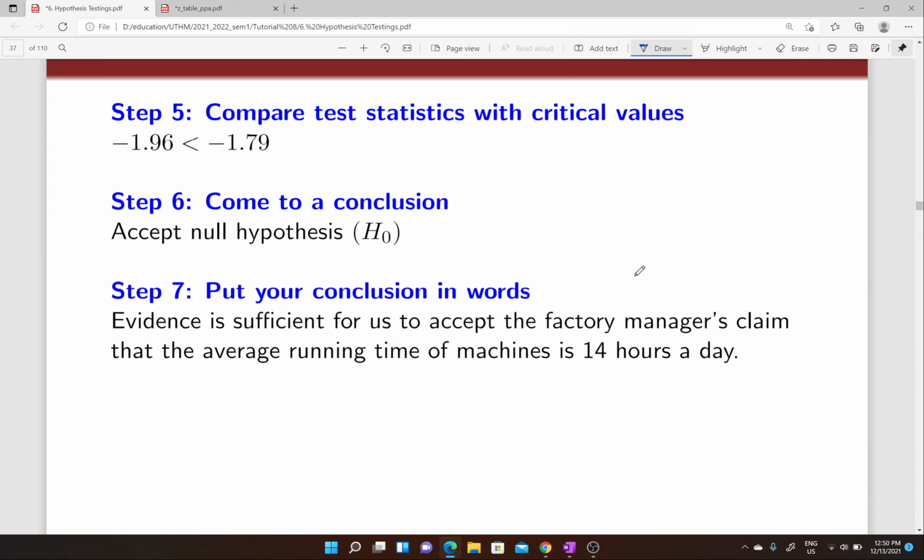Copy these answers and double check. Okay, so this would be the answer for this exercise.